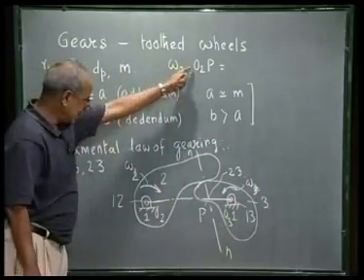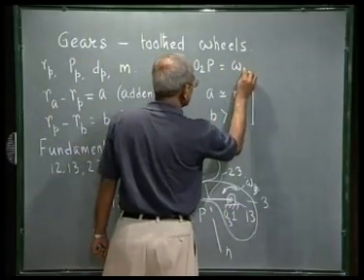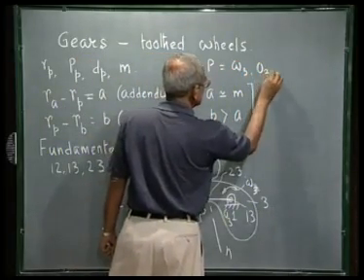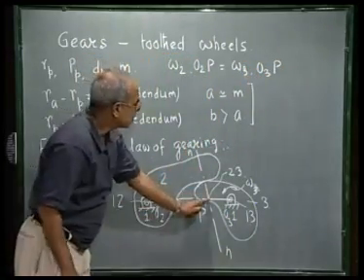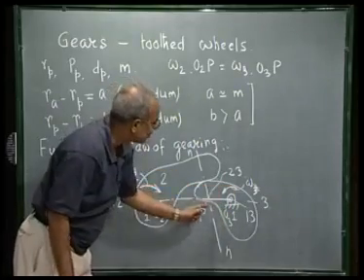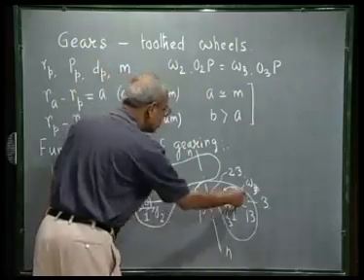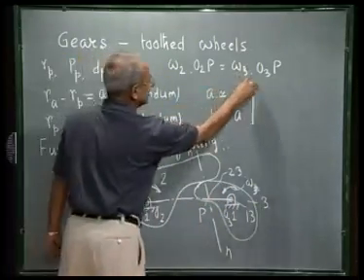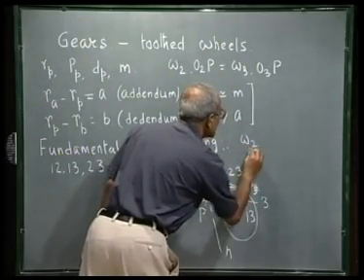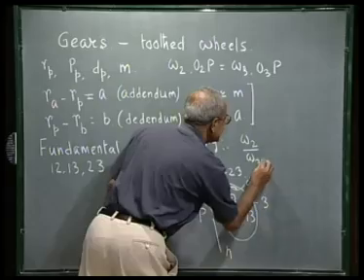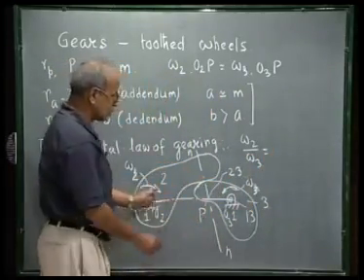So, omega 2 into O2P in this direction must be the same as omega 3 into O3P. I consider the velocity of the point P to be a point on body 3, then its velocity due to this omega 3 is again in this direction, which is perpendicular to this line O2, O3, which is omega 3 into O3P, which tells me omega 2 by omega 3, where omega 2 I have measured clockwise and omega 3 I have measured counterclockwise.